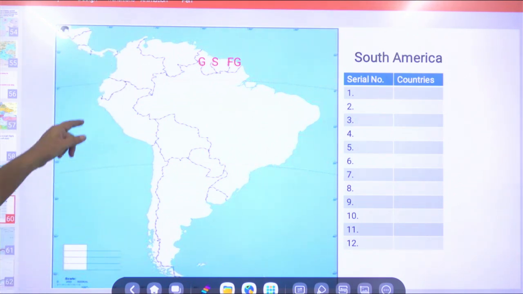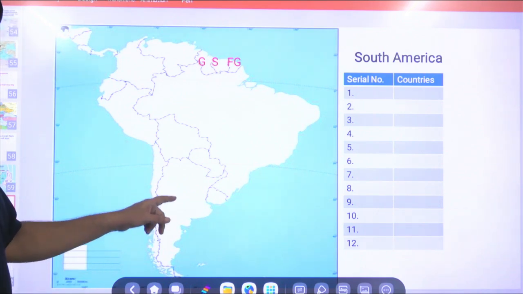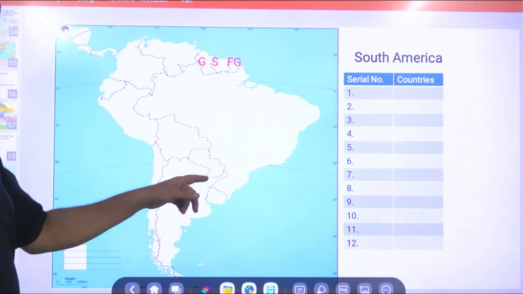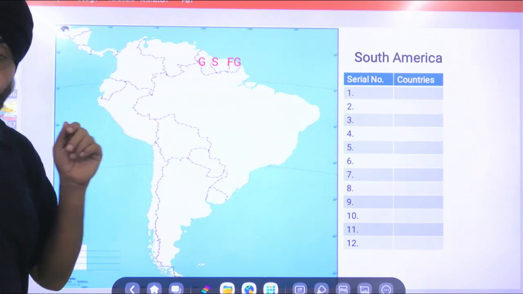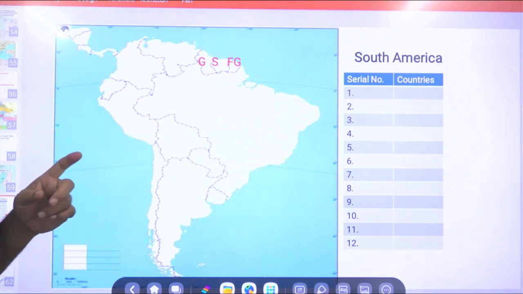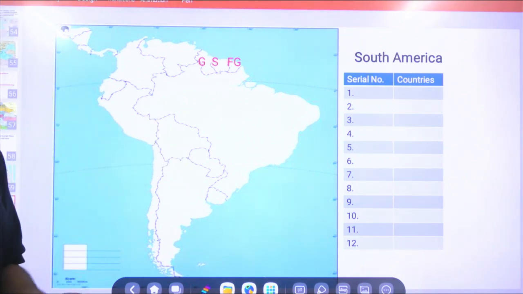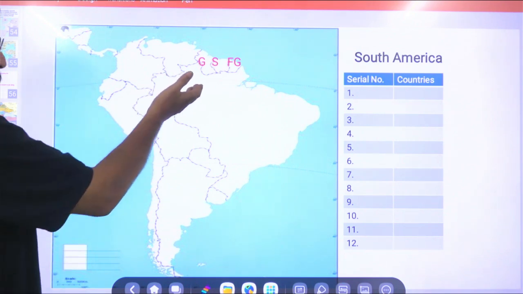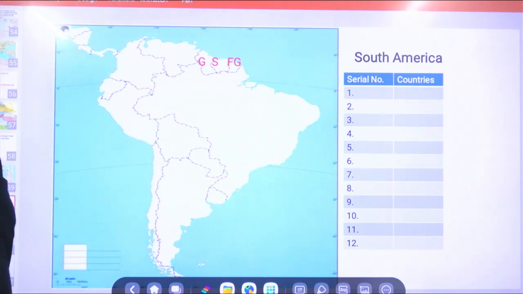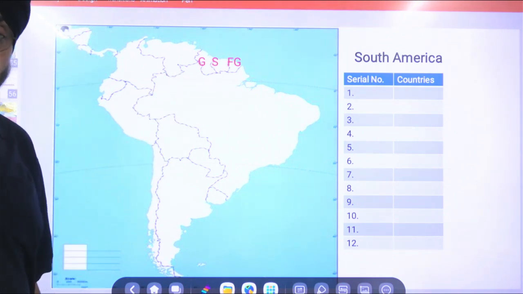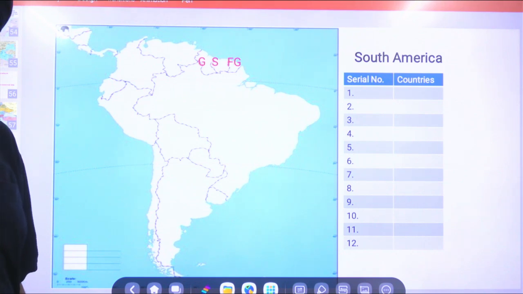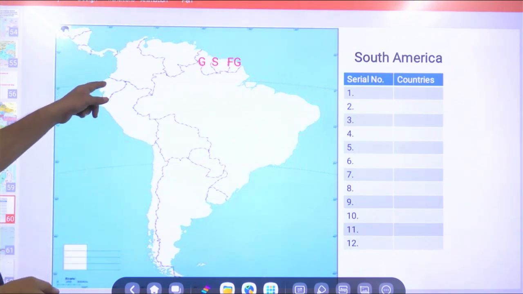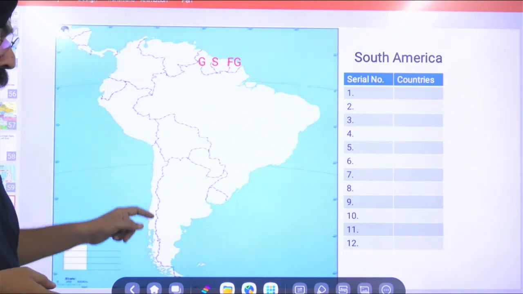Ecuador, Peru, right? This is Chile, Argentina, Uruguay, Paraguay, and Bolivia. This way, a couple of questions have been asked. Two countries of South America do not share international boundaries with Brazil. It's there in front of you. One is Ecuador, the other is Chile.